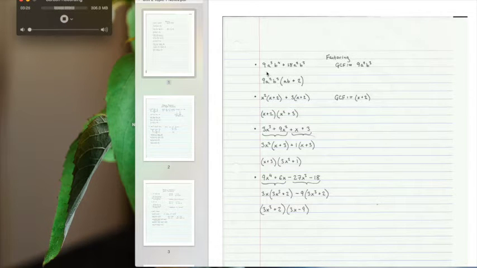In order to factor this expression, I'm going to take the greatest common factor and pull it out of the expression. I'm going to pull out these factors by dividing this greatest common factor out of each term that I have here. Now this will divide evenly because of the way that I've written down this greatest common factor. Just by nature of this being a common factor, it will divide evenly into each term.